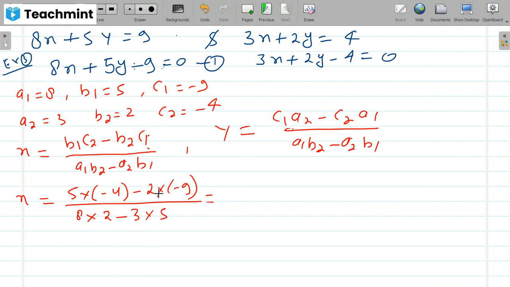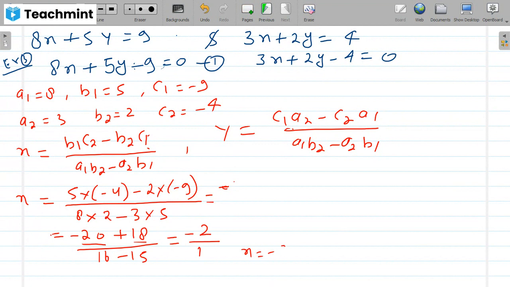And after this 5 4 ja 20, minus 20, and minus minus plus 2 9 ja 18, by 8 2 ja 16, 3 5 ja minus 15. Negative is larger than positive so write in negative, 20 में से 18 subtract करेंगे, 2 and there 1, so in this way value of x is minus 2.